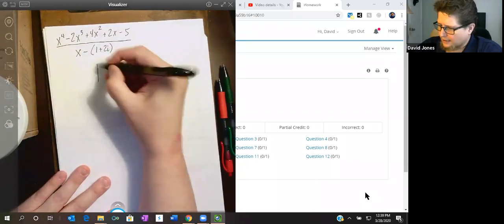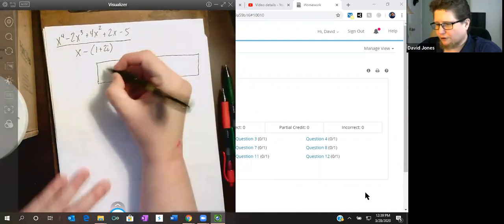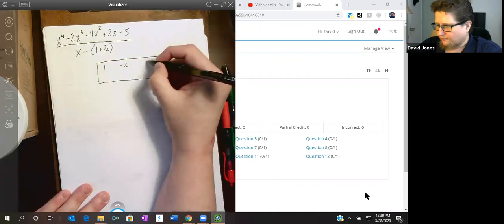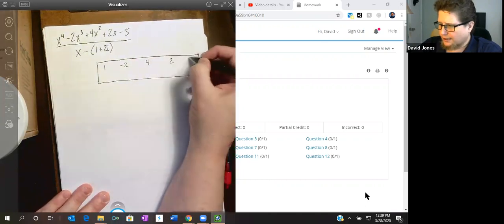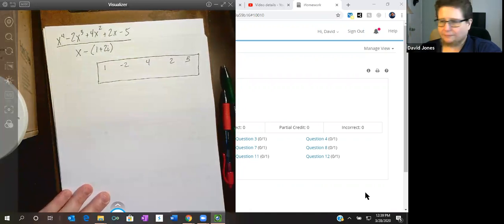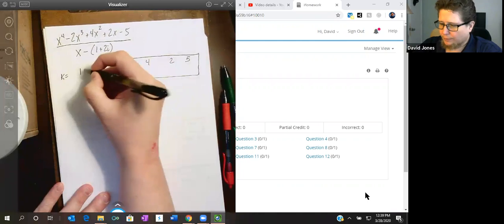So my box, my coefficients are 1, -2, 4, 2, and -5. And k is equal to 1 plus 2i.